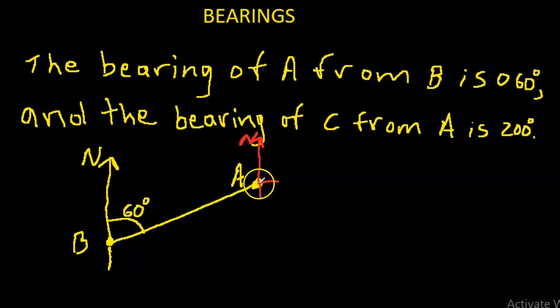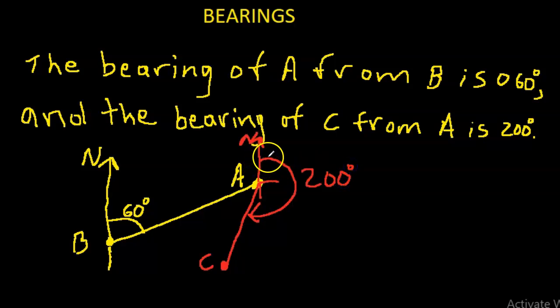So 200 will be just past the 180. So we'll be about here, somewhere there. So this is C, coming from the north of A. So this angle would be 200 degrees. The bearing is always the angle between the north and the direction you're going in. Always, always.